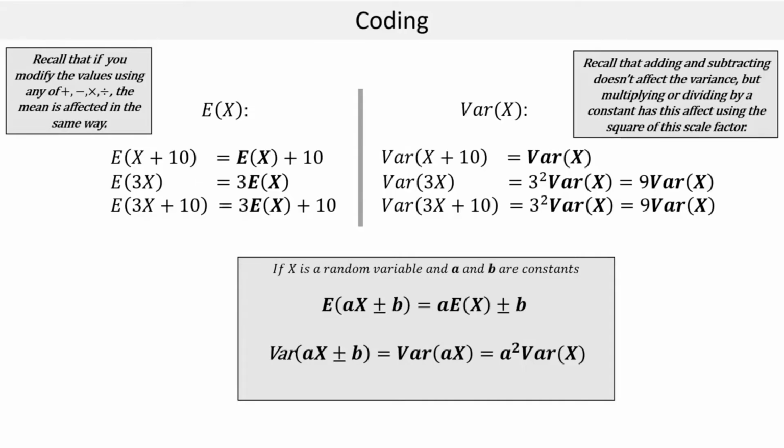The variance of ax plus b is going to equal, firstly, the variance of ax, because we ignore the adding and subtracting, and then it's a squared variance of x. We square the coefficient of x inside the variance statement. So, linear coding for you in year 12 is making sure that you can apply these two results.